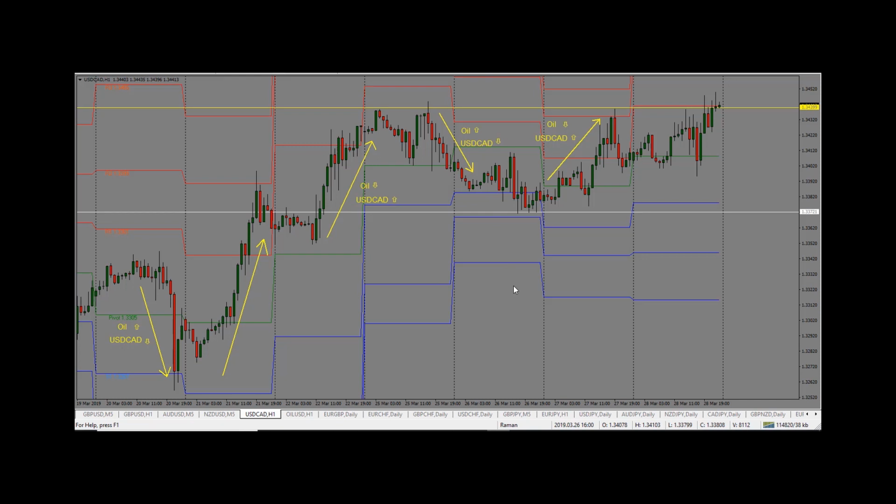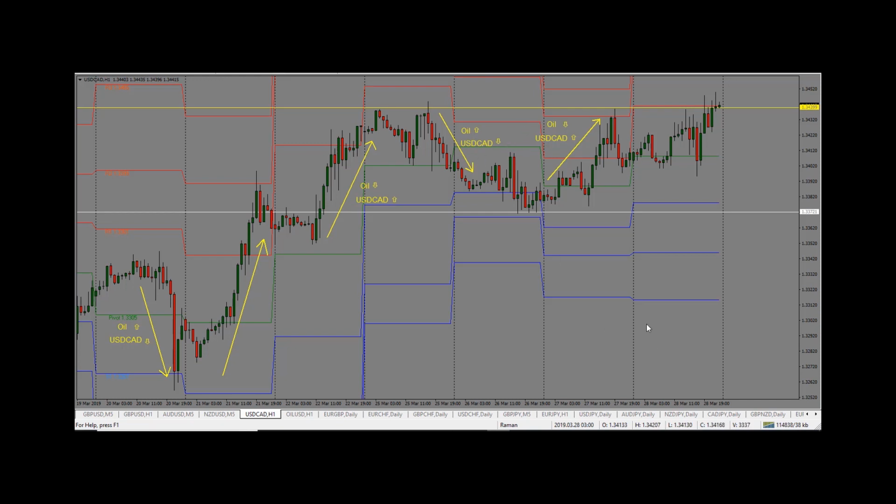So the relationship that we have here is that oil and dollar CAD are inversely related, so that when oil goes up, dollar CAD goes down.